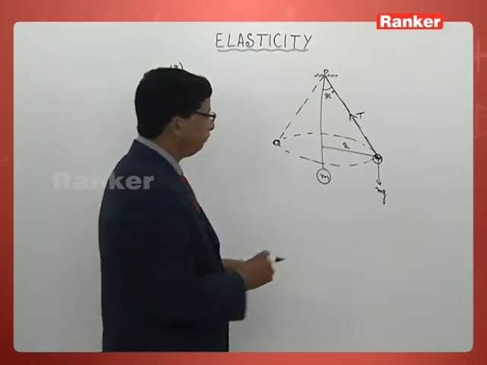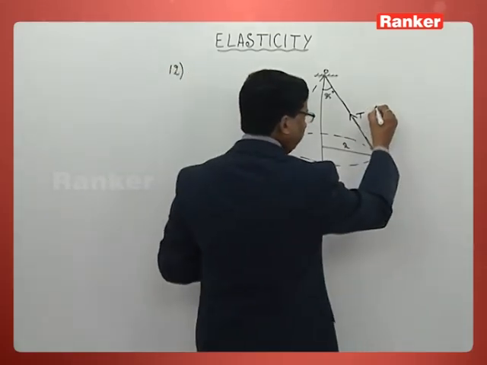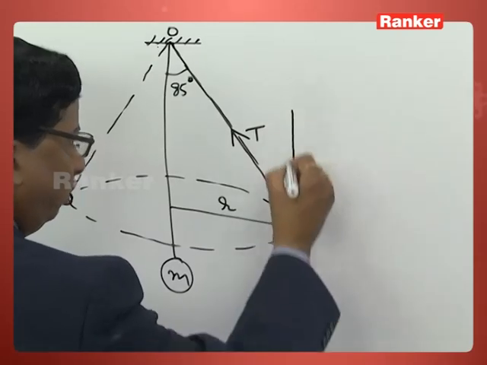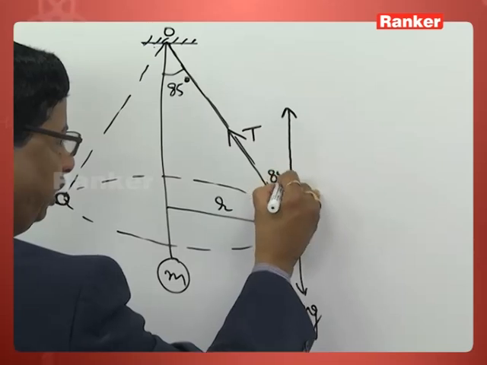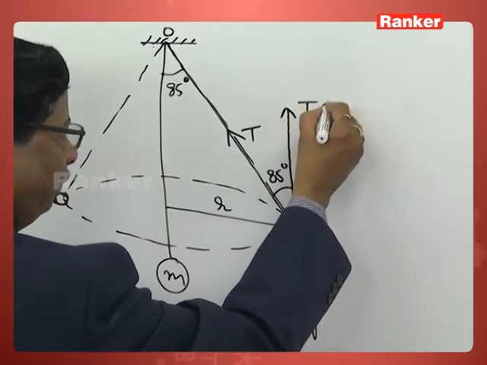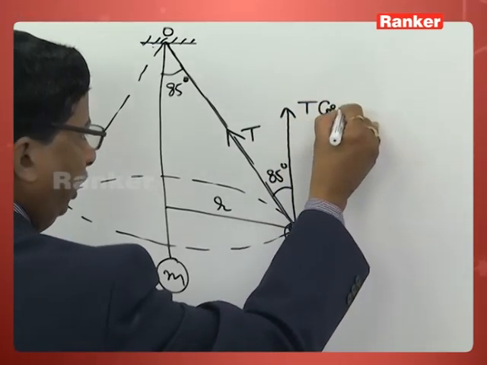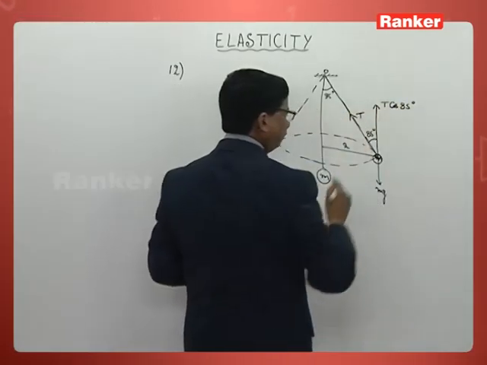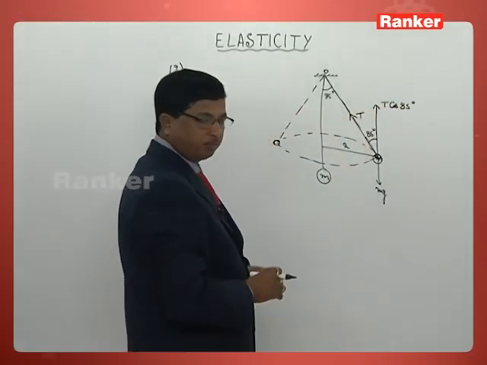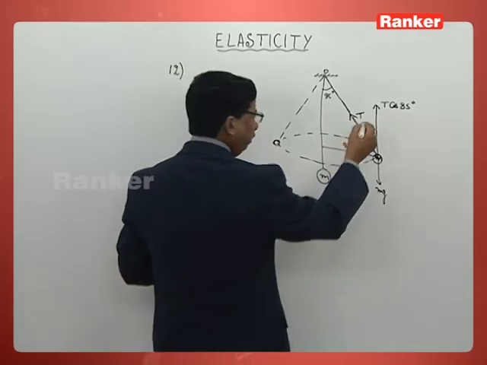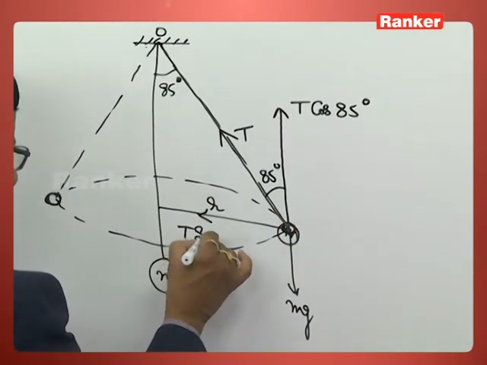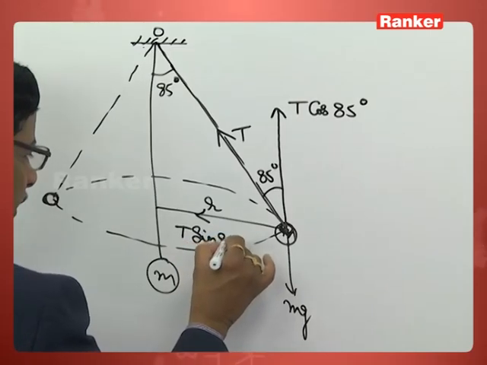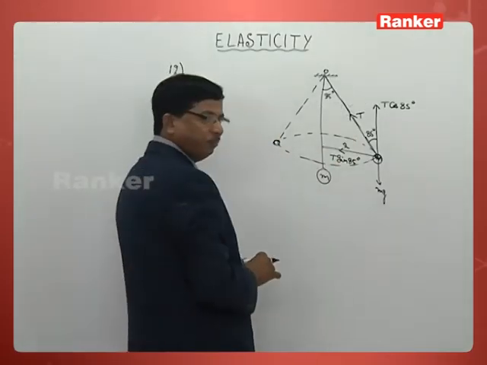If I take the component of tension along this direction, this being 85 degrees, this now becomes T cos 85 degrees. And its component along this direction will now be T sin 85 degrees.